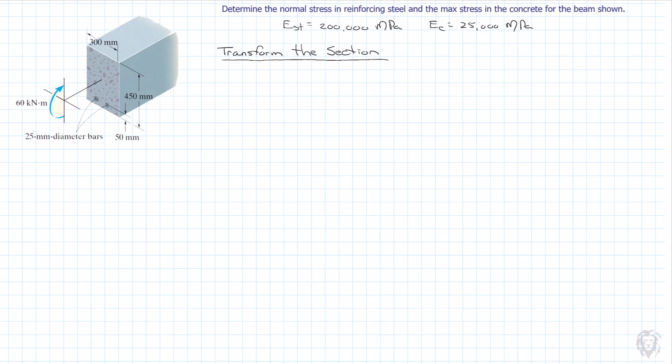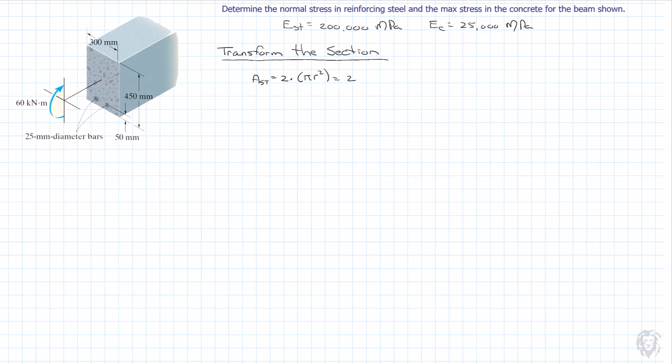So let's do that. I'll just choose a pen. Area of the steel equals, so 1 bar would be pi r squared. We have 2 bars, so it's 2 times pi r squared.